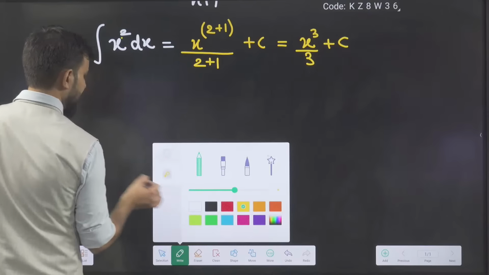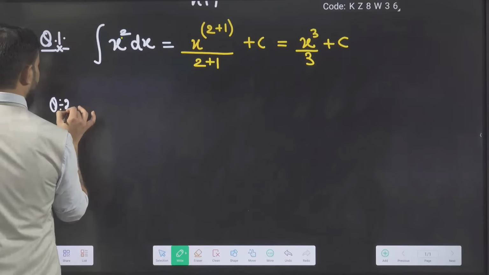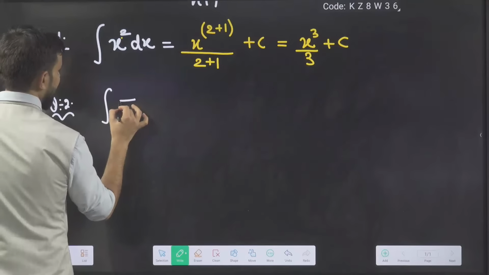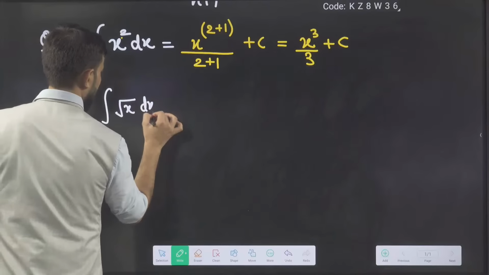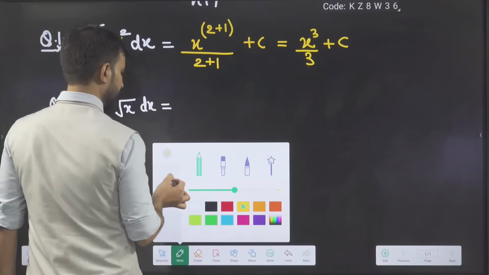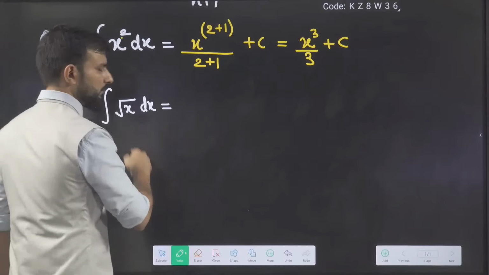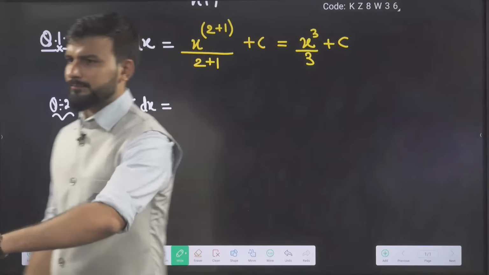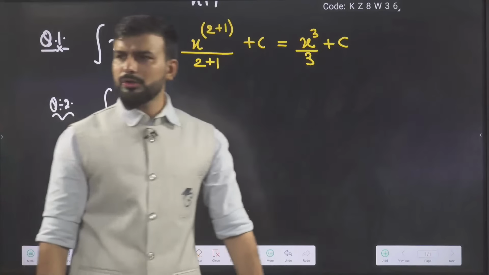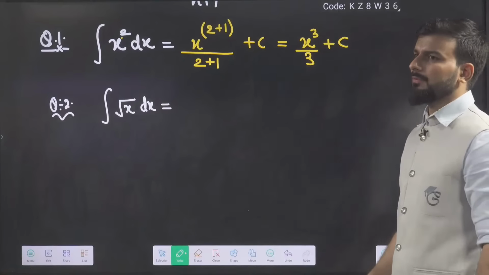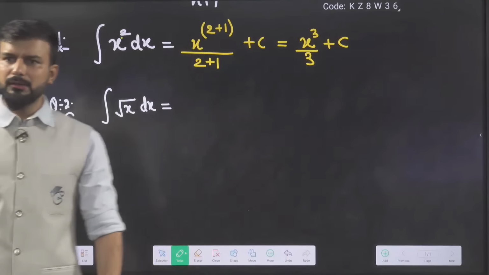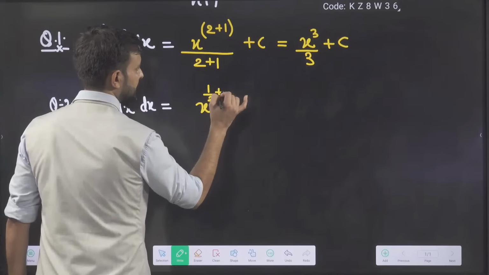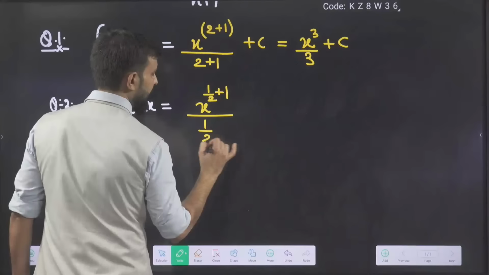The next question you have is something like this. Question number 2, an easy one. Let's do it: integral of root x dx. What is the meaning of this? Root x means the power is what? Root means power 1 by 2. So with power 1 by 2, what answer will you get? x to the power 1 by 2 plus 1, divided by 1 by 2 plus 1.